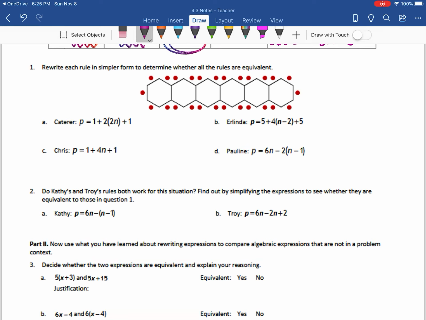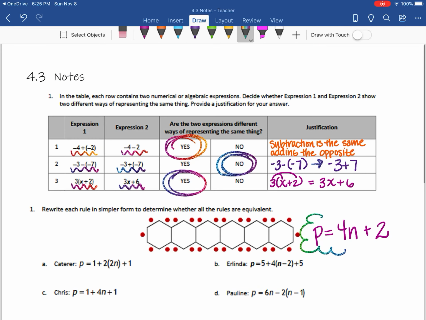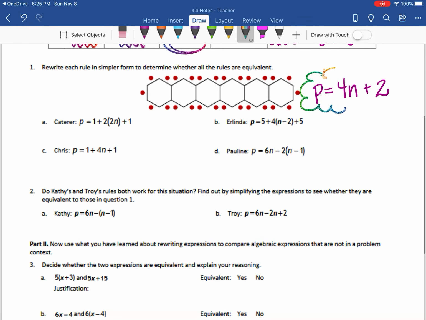So I'm just going to write that rule up here. The rule was P equals 4n plus 2. That was from our classwork on Friday, so you don't need to memorize that or go back and look for it. I'm just copying it down right here.